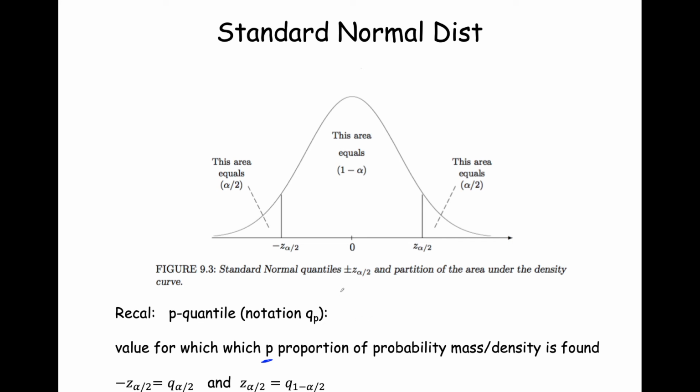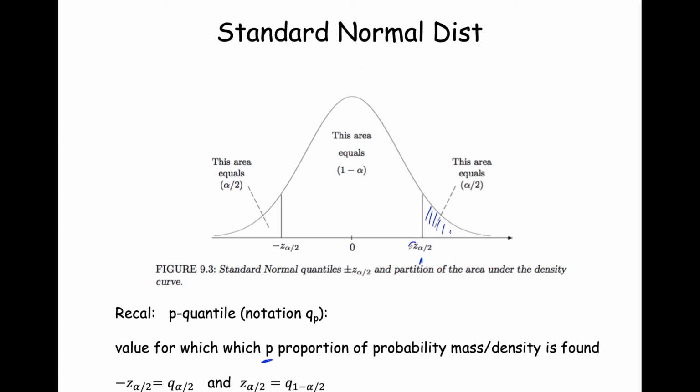And so this minus z sub alpha over 2 z value is nothing more than the alpha over 2 quantile, and this other z value on the positive side of our mean mu, which is 0, is just the p-quantile associated with that value that leaves you alpha over 2 of the probability mass on the high side. And what is that? That's just 1, the total probability mass, minus alpha over 2.